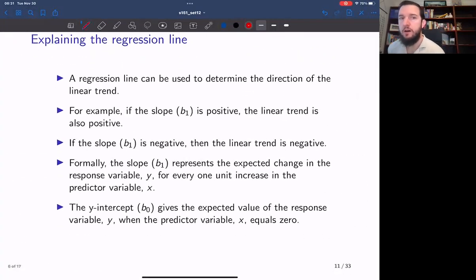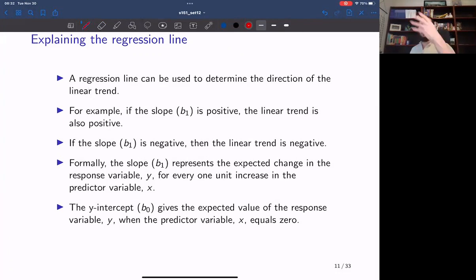In context of understanding what the regression line is telling us, we can interpret the slope and the y-intercept for that line. So that will give us an understanding of what the line is explaining in the context of the problem. The most obvious things that you can take from a regression line are the direction of the trend. So we know that our lines can go up or the line can go down.